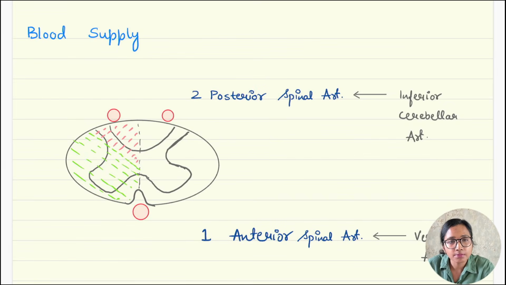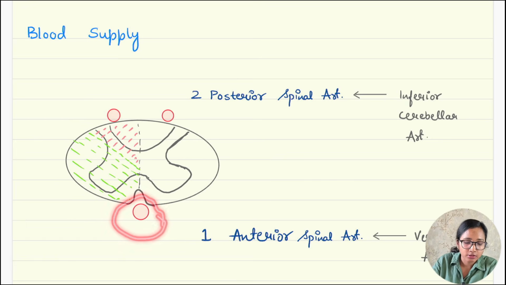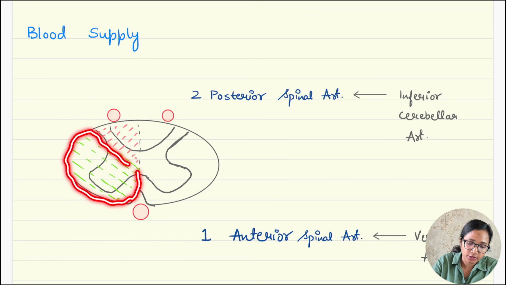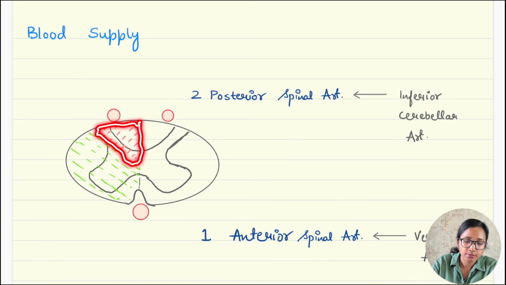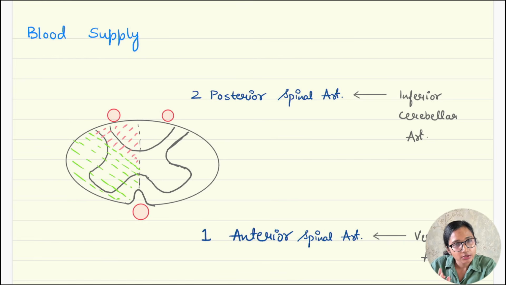Talking about the blood supply of the spinal cord, there are 2 posterior spinal arteries and 1 anterior spinal artery. The irony here is that one spinal artery supplies a larger portion, the anterior 2/3, and the 2 posterior spinal arteries supply the 1/3 portion of the spinal cord.